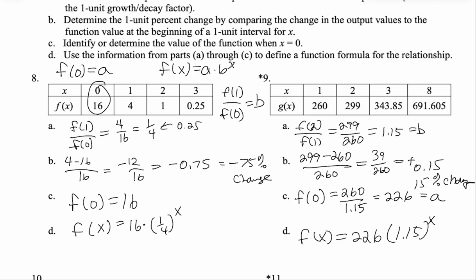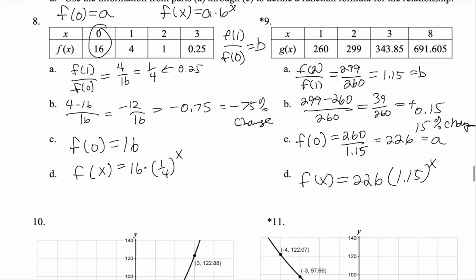So if you plug in 1, 226 times 1.15 does give you the 260 that's on our chart. 226 times 1.15 to the second power should give you the next number on our chart, and it does. And you could go down the line, and then you could check the numbers on the chart, and that could give you that. Okay. So that's a little bit about that.